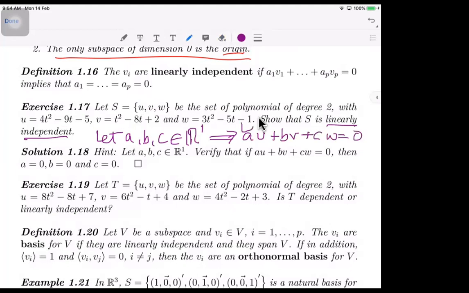Then you show that A, B, and C are 0. Once shown, the set S with these vectors U, V, and W is linearly independent. So how do you do that?